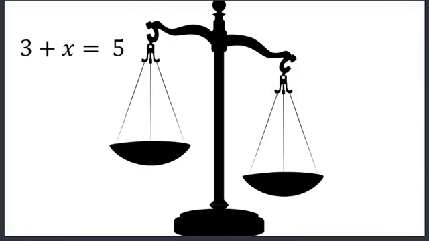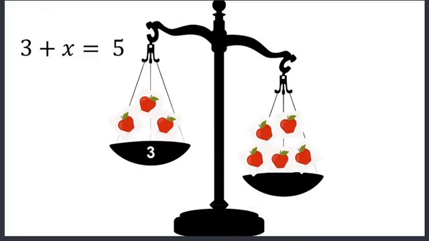So if we look at the example of 3 plus x is equal to 5, and I compare it to a two-sided scale, if I place 3 apples on one side, in this case the left-hand side, and I put 5 apples on the right-hand side, surely the side of the scale with 5 apples would weigh more.